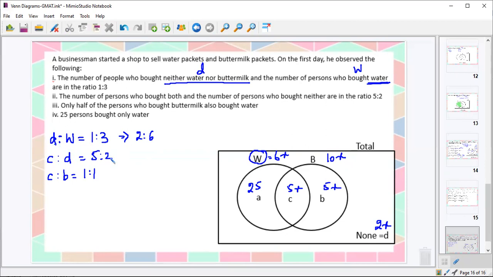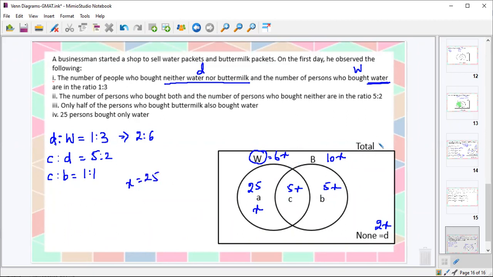Once I fix the value of d, I can write the rest of the values. So d becomes 2x, w becomes 6, c is 5, and c is to b is 1 is to 1, so b is also 5x. Since this is 6x and this is 5x, a will be equal to x, and x is equal to 25.